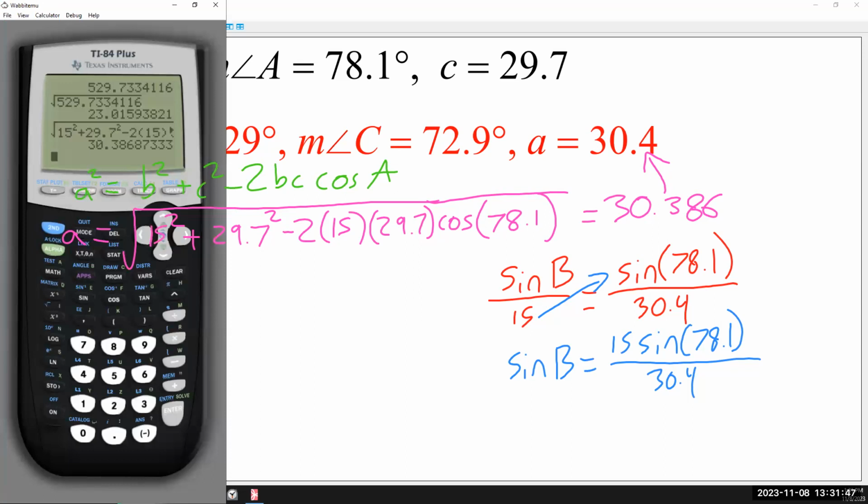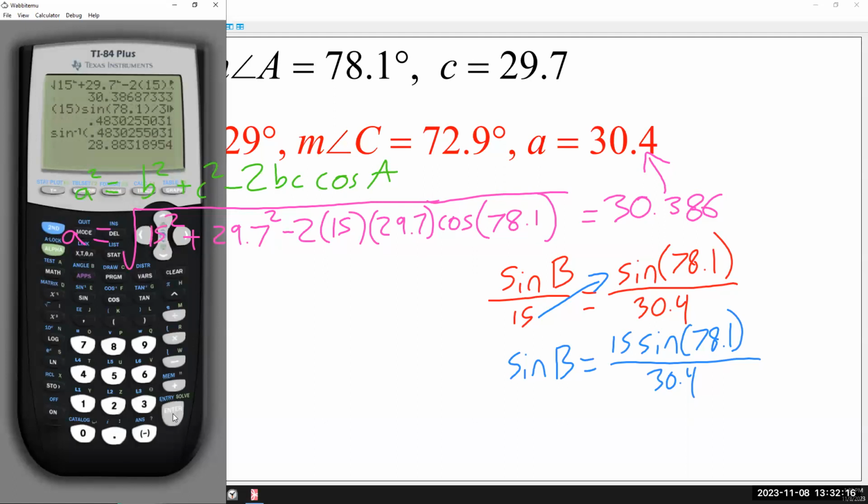So I have 15 sine of 78.1 divided by that number right there. And I get 0.483 something or other. What do I do next? Inverse sine of that.